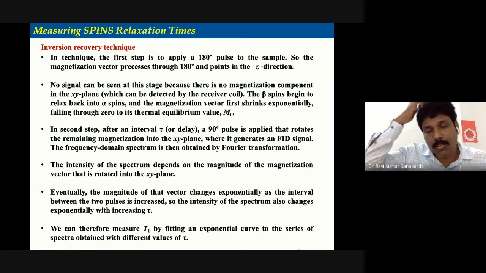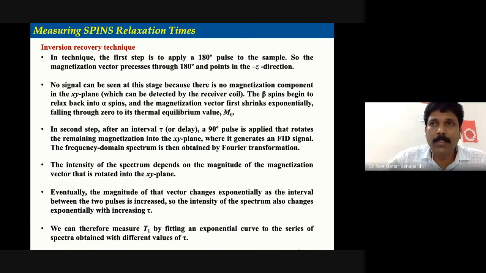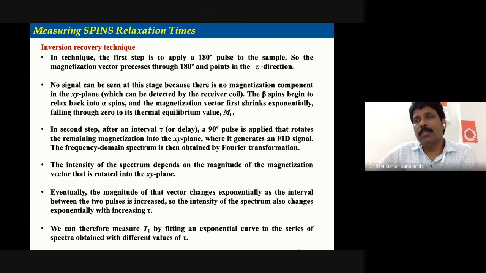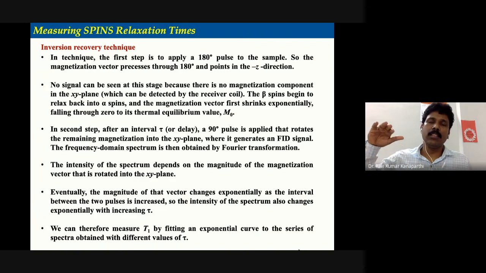So in this actual experiment, the first step, as I told you, is the 180-degree pulse. If you just leave it, then slowly it decays and reaches the origin, the XY plane, and then it will again grow in the Z direction.